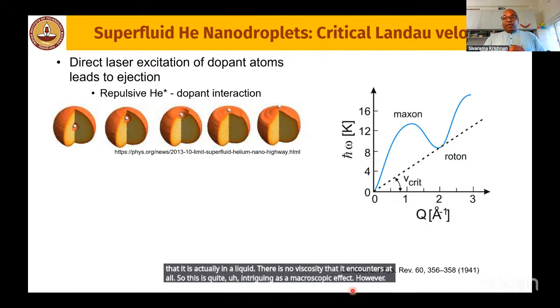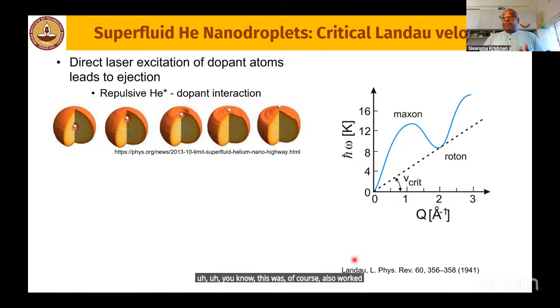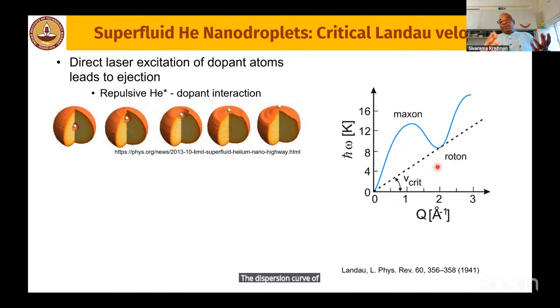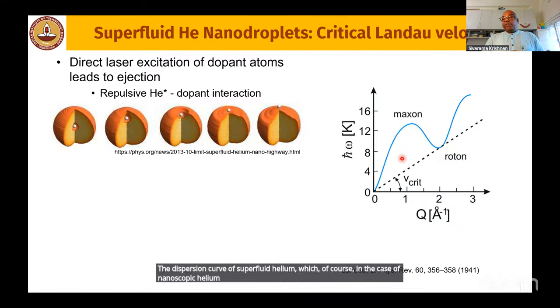However, this was of course also worked upon by great people, macroscopic superfluidity in helium by Lev Landau, Richard Feynman, and several others, leading to this dispersion curve of superfluid helium, which of course in the case of nanoscopic helium is not very well established in some sense yet. One needs to investigate that further.